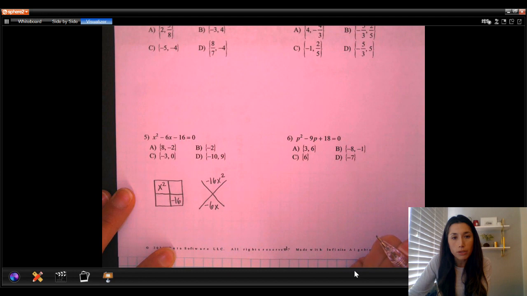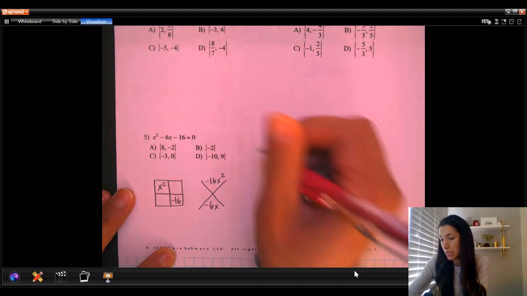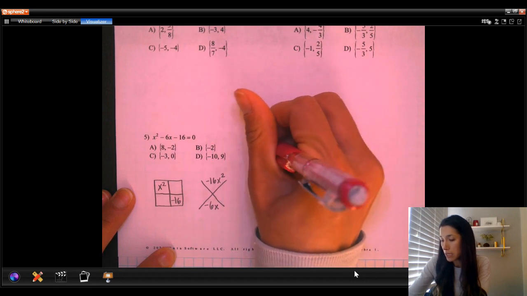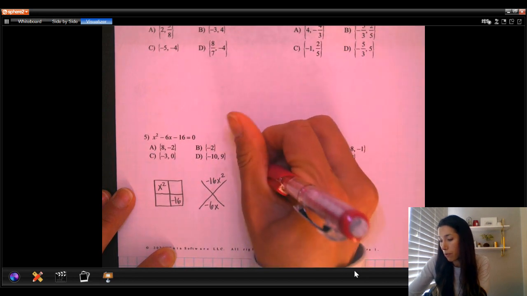Now we're looking for numbers that multiply to negative 16, but add up to negative 6. When we start thinking of factors that multiply to 16, sometimes I just like to list them out: 1 and 16, 2 and 8, 3 doesn't go in, 4 and 4.